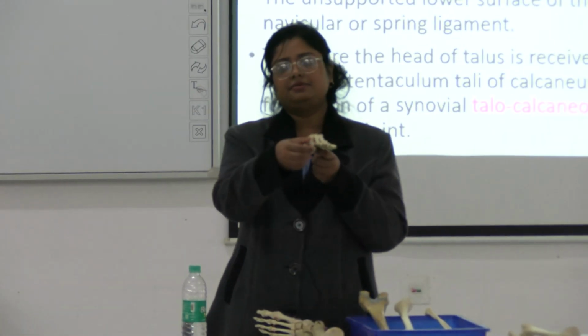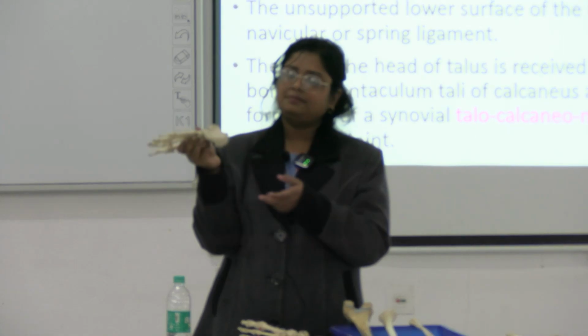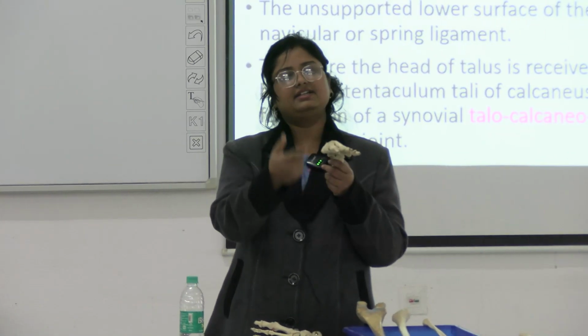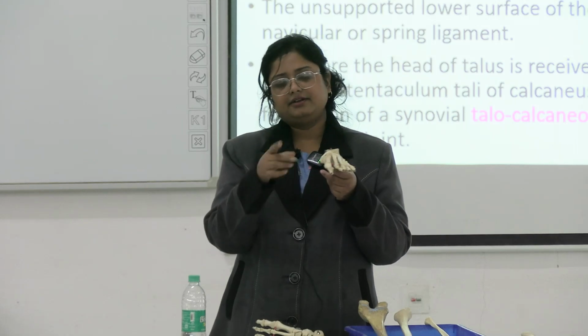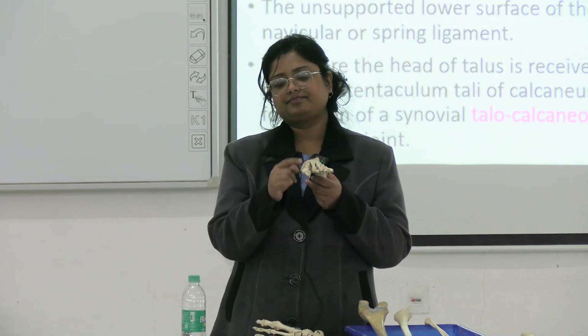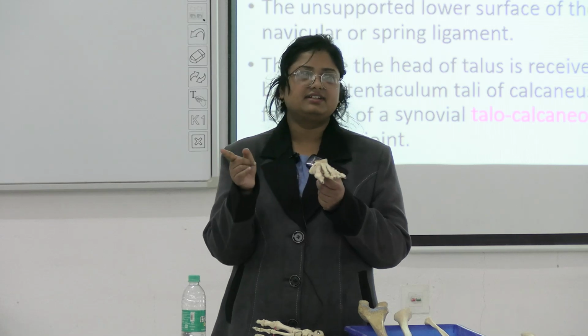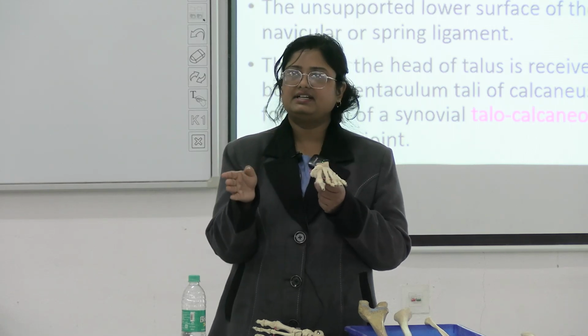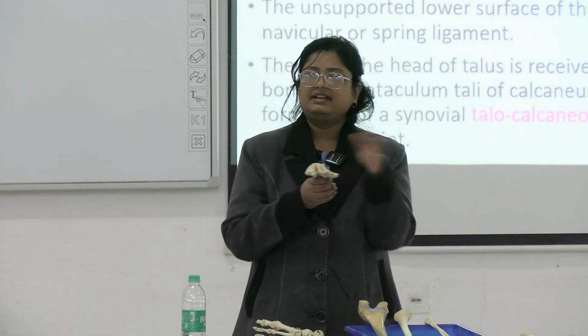So, you have to place the toes in front, heel portion behind, so anterior and posterior is determined. Now, medial and lateral, how do you determine this? The thickest and strongest metatarsal, this is the first metatarsal and it is placed medially, and so you determine medial and lateral.